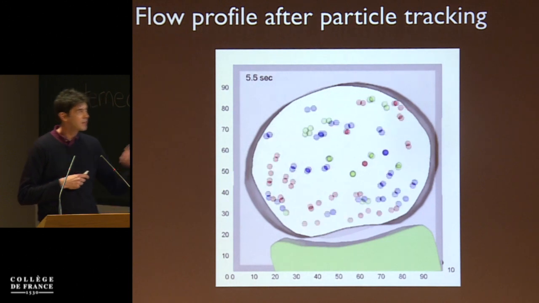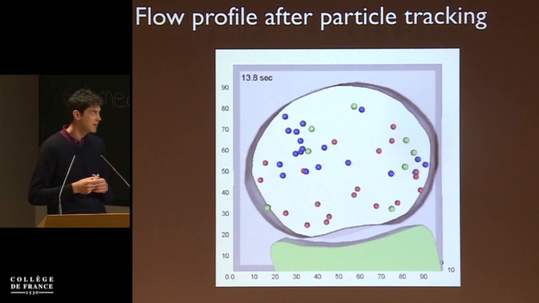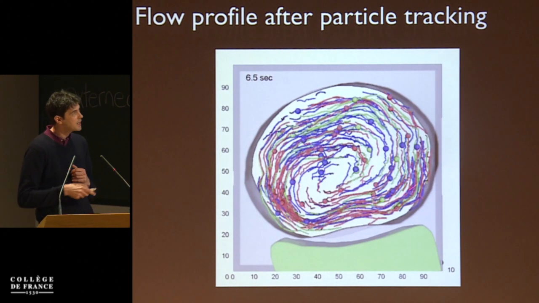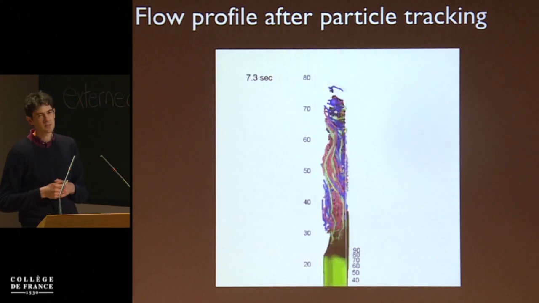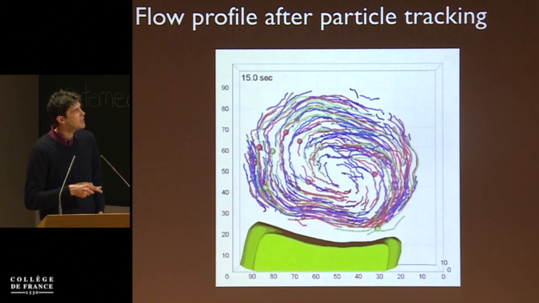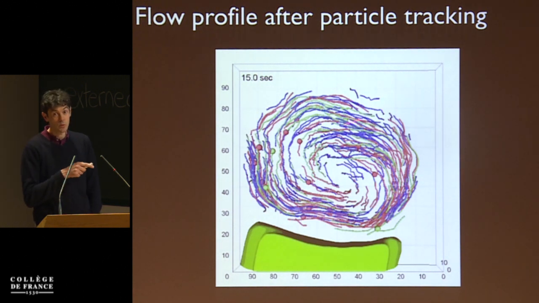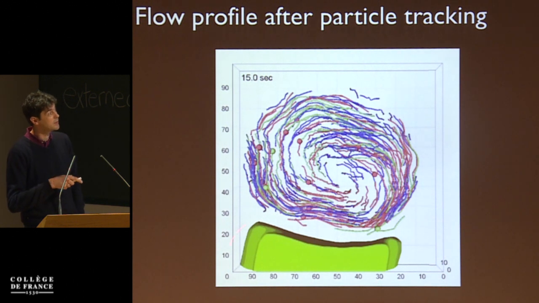Then you can do all sorts of things, like tracking, and we could get a fairly nice feel of how the flow is circulating in the vesicle. Obviously, it's a circulatory flow, so particles will go from right to left, sorry, but then come back regularly on the anterior part of the vesicle.